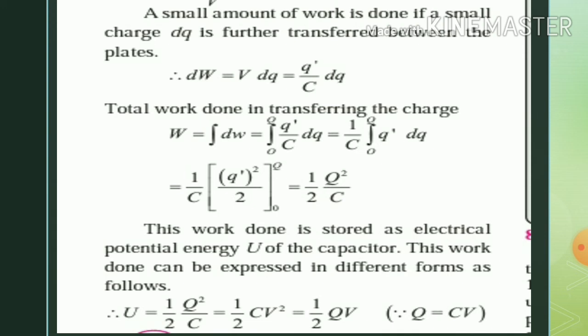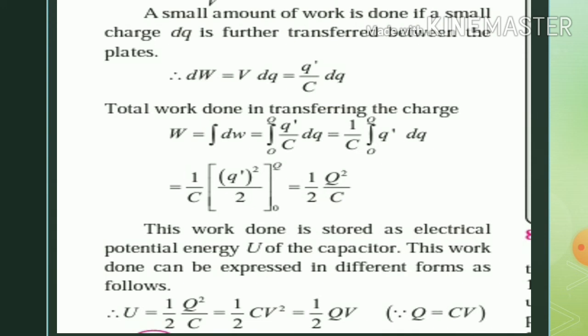This step should not be shown on the screen because it is a considerable and simplified step. Then we can write W equals 1 upon C into capital Q square divided by 2.